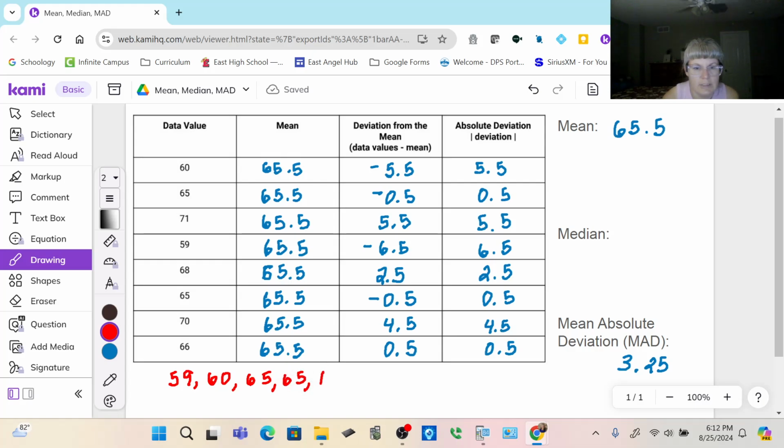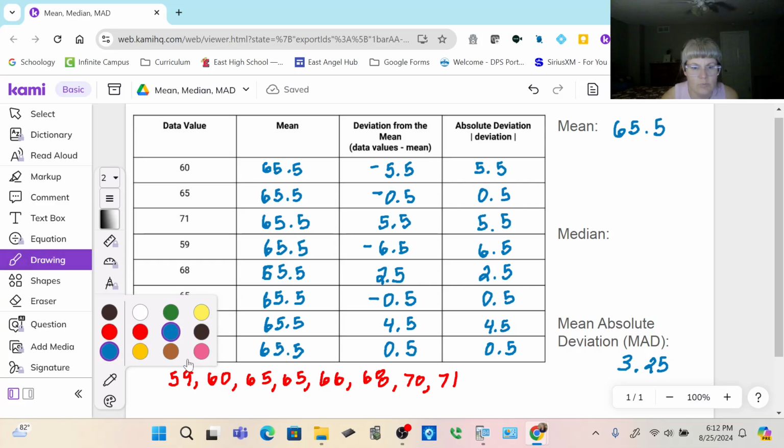And there's a 66, a 68, a 70, and a 71. Now we should have 8 numbers here. 1, 2, 3, 4, 5, 6, 7, 8. And when I split 8 numbers into 2 groups, that puts me halfway between 65 and 66. So my median is 65.5.